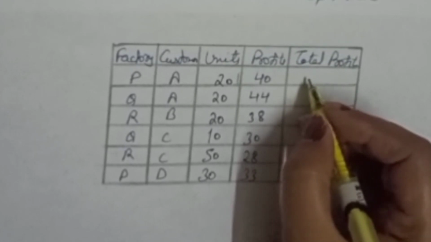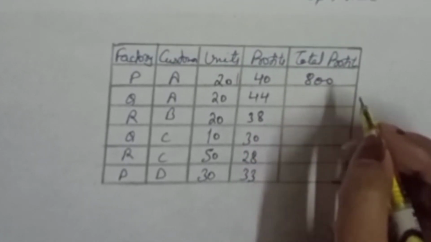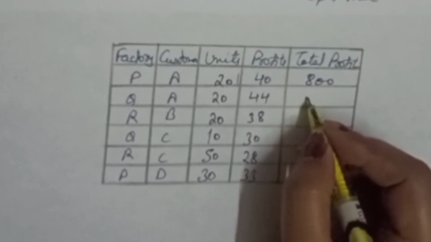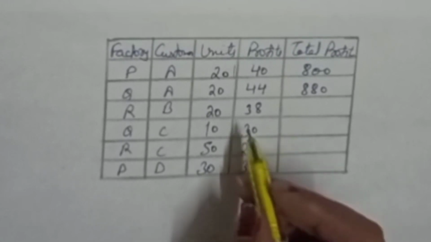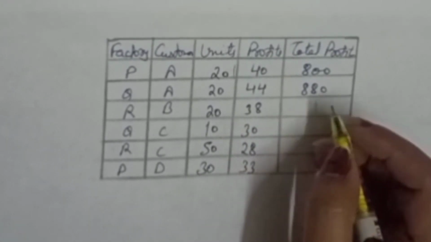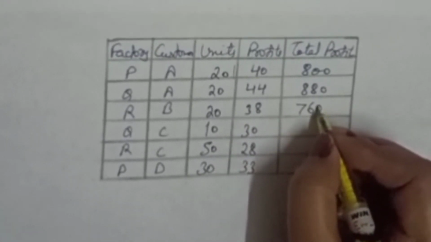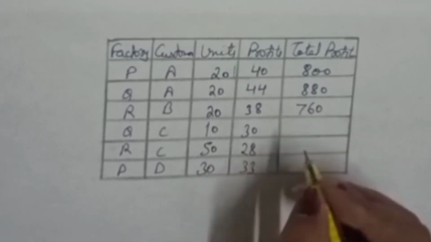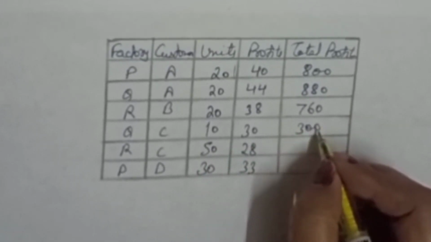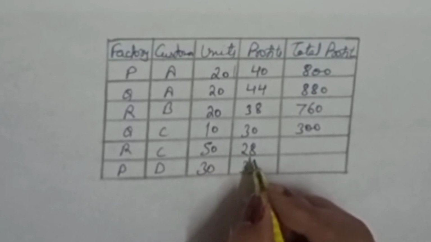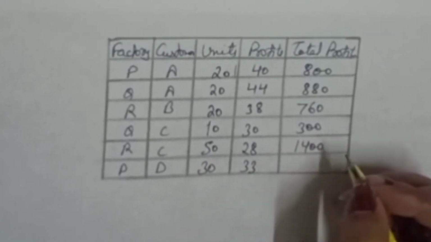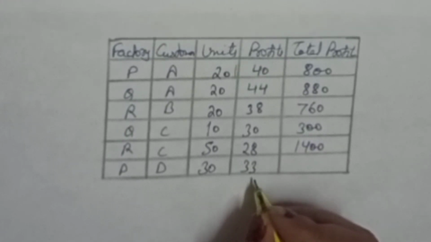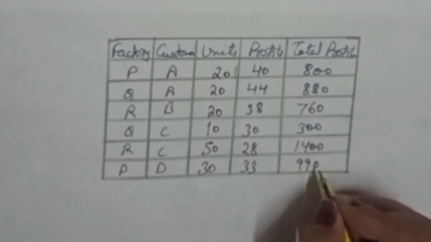Now we can write by multiplying. 20 into 40 is equal to 800. 20 into 44 is equal to 880. 20 into 38 is equal to 760. 10 into 30 is equal to 300. 50 into 28 is equal to 1400. 30 into 33 is equal to 990.